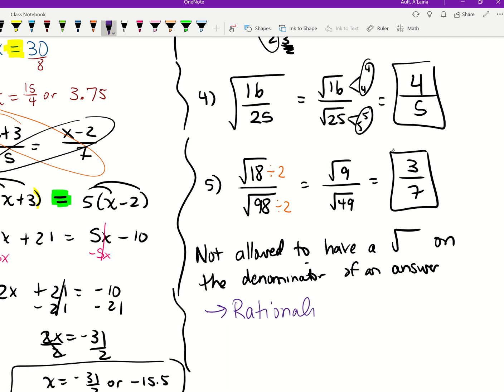When you rationalize, what you do is you multiply by a useful form of 1 to create pairs. You want to create pairs or perfect squares.